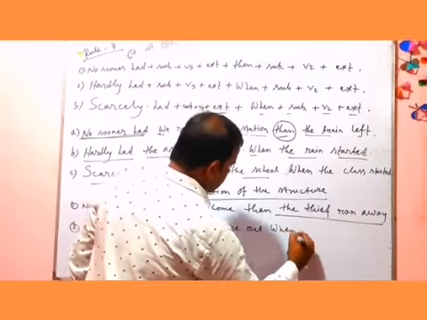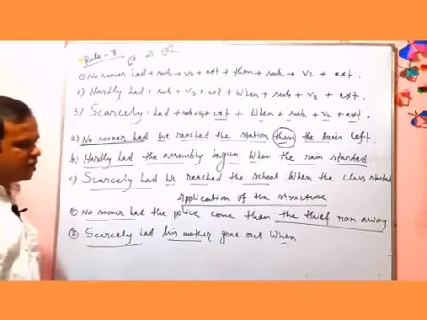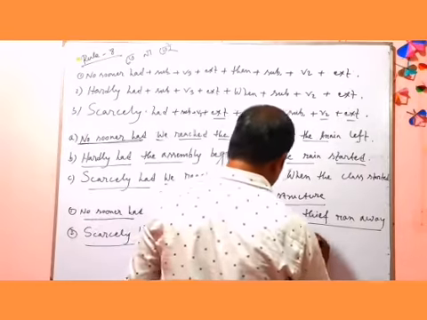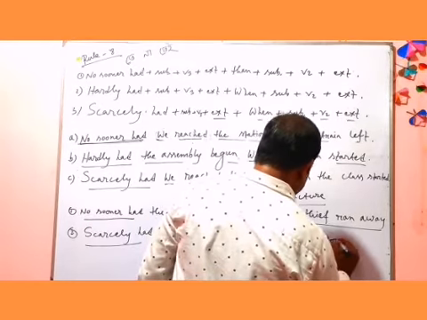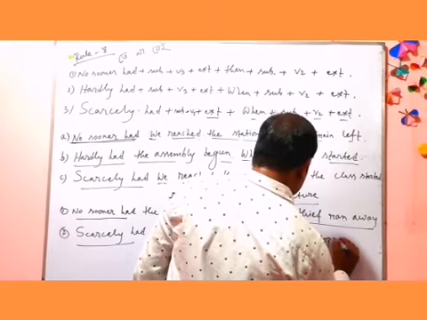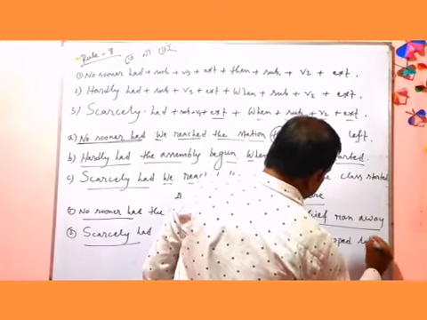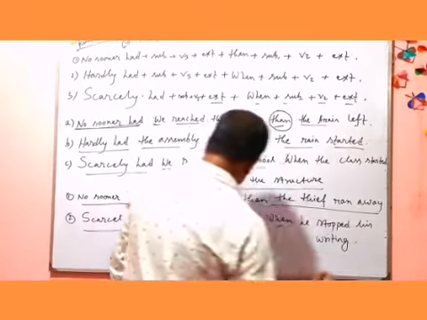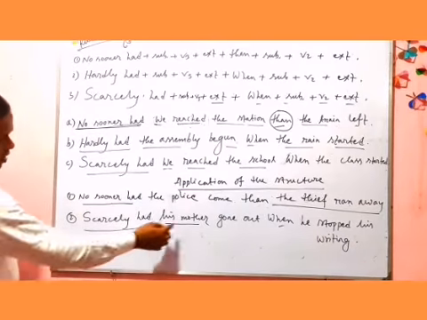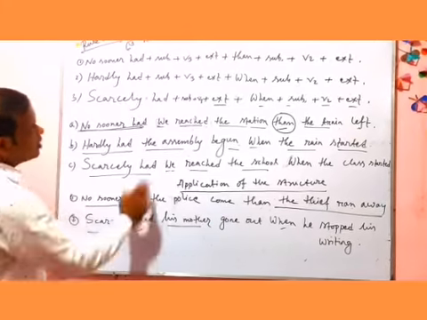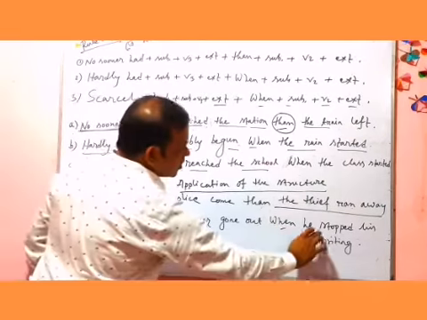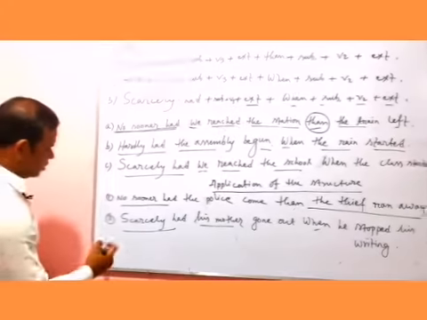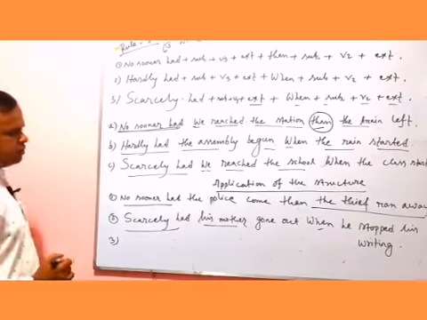When, because when is followed by scarcely had. When he stopped his writing. That means তার মা বাইরে যেতে না যেতেই he stopped his writing, সে তার লেখা বন্ধ করে দিল.